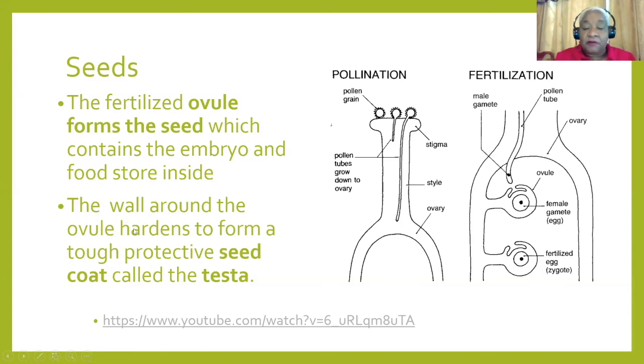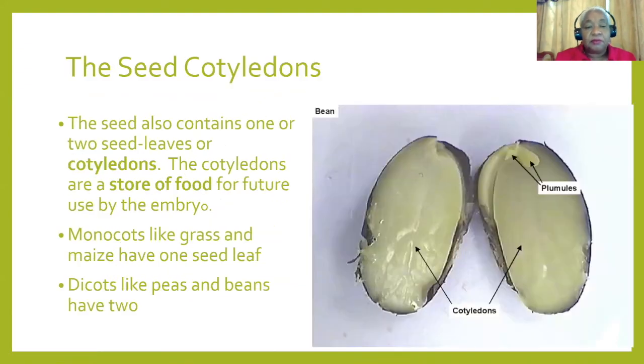The wall around the ovule, the integument, will harden to form a tough protective seed coat called the testa. The seed coat contains 1 or 2 seed leaves or cotyledons. The cotyledons are a store of food for future use by the embryo. Monocots like grass and maize.